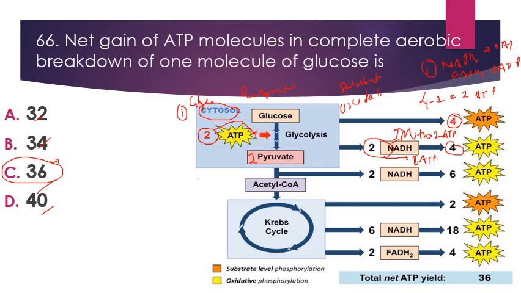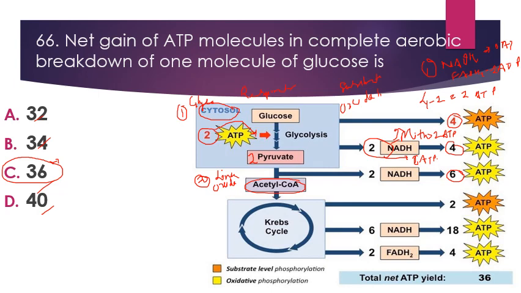The second step in aerobic respiration is called link reaction, also known as oxidative decarboxylation of pyruvate. It involves removal of carbon dioxide to produce acetyl coenzyme A, and during this process again 2 NADH are produced, and they will finally produce 6 ATPs in the electron transport chain.